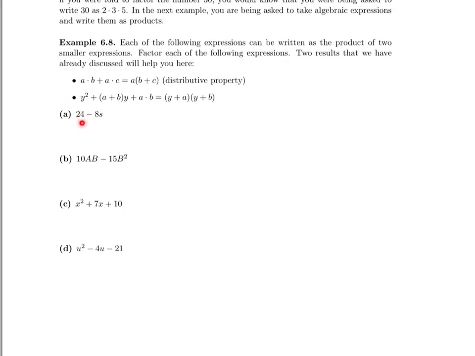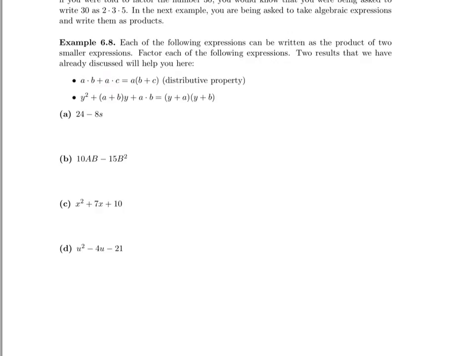If we look at the expression we're given, it does not have this kind of form. Notice there's no constant at the end. If we do look at this, however, the two terms that we have do have a common factor in them. There's a common factor of 8, namely. So we can view this expression in this form, where 8 would be the a in the expression.